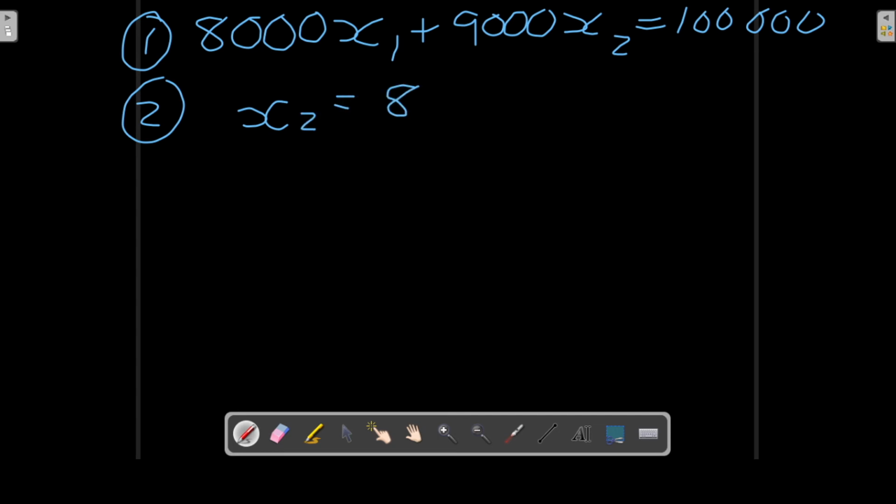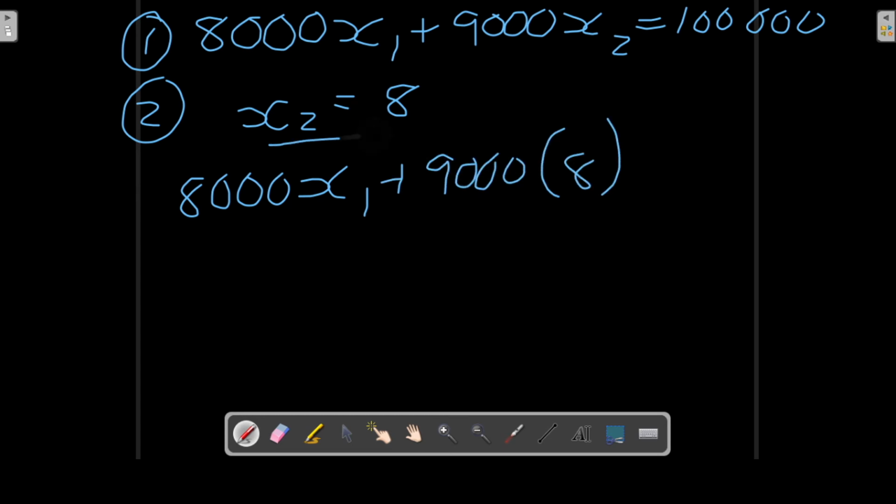Now, it's easy to solve for x1 and x2 in this case because we already have the value of x2 that's equal to 8. So to find the value of x1, I can just substitute my x2 with an 8, because that's given, that's restriction 2.